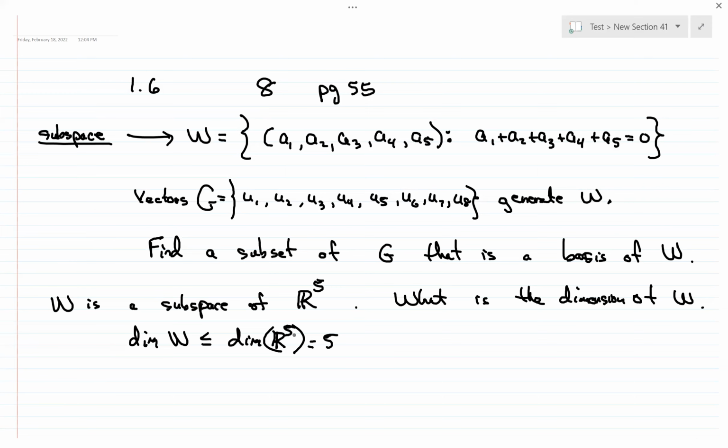Okay, so the dimension of W is 5 or less. Can we tighten up that number? If we can, then we can find out how many vectors we need. And that would help us in figuring out what the basis of W coming from G would look like.